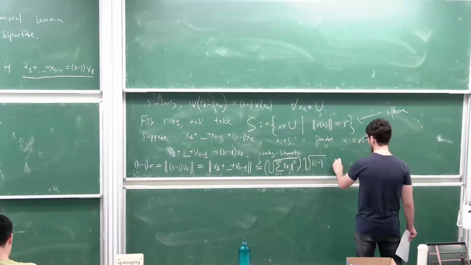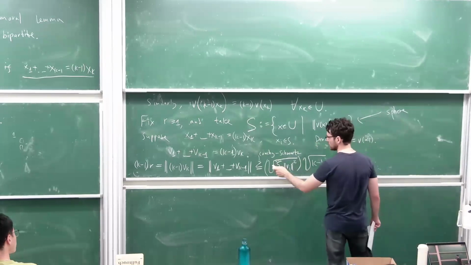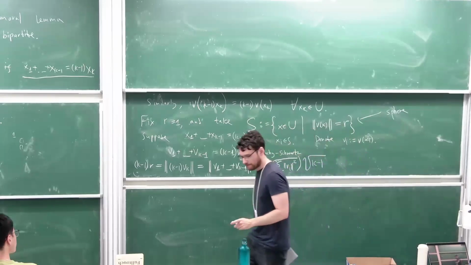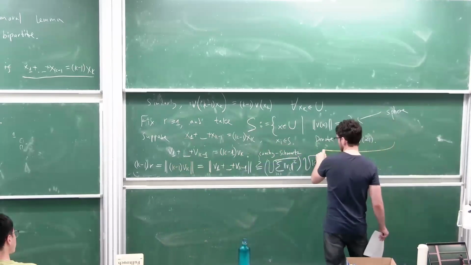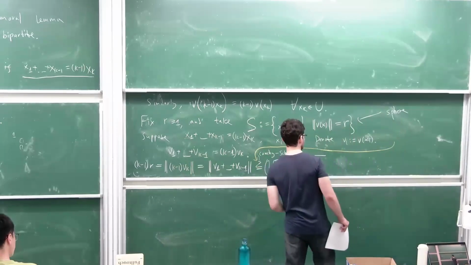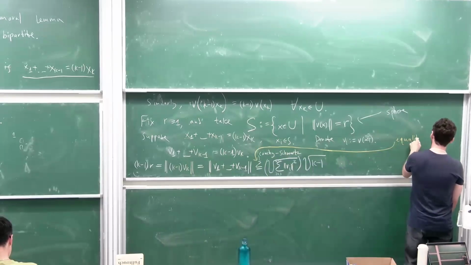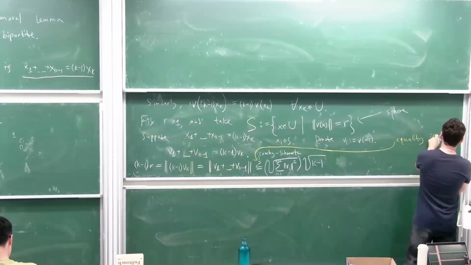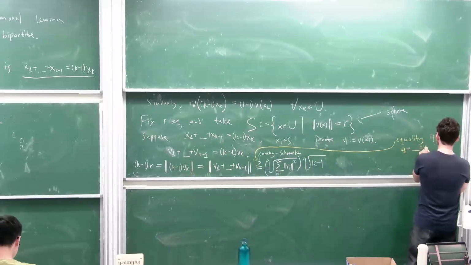And the equality, this inequality, we also know that we have equality even though all of these k's are the same, the i's are the same.